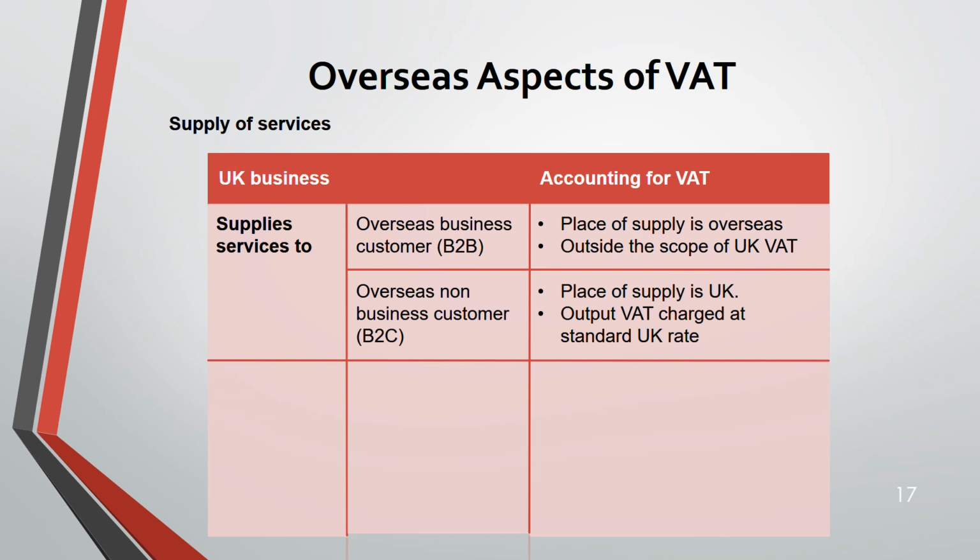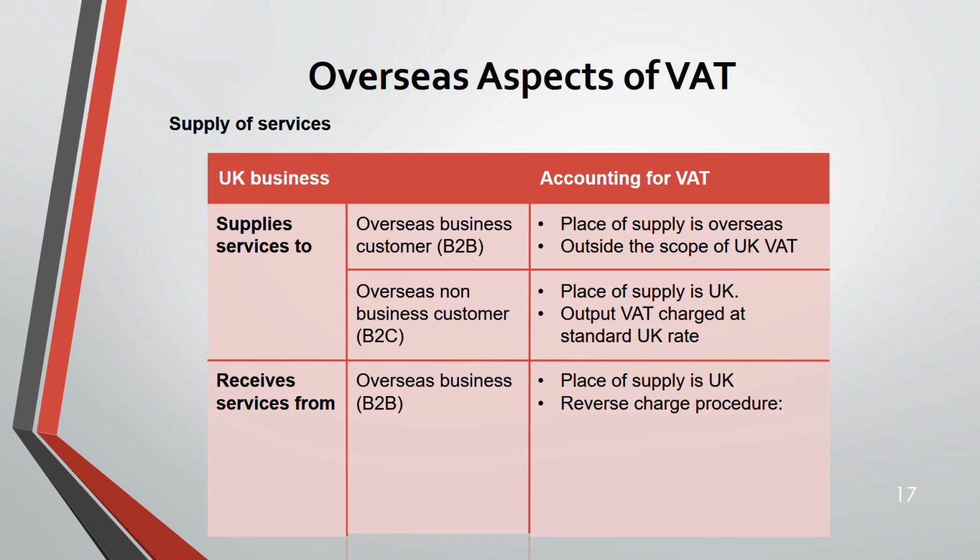Till here it's easy. Earlier you were selling services, supplying the service. Now you are receiving the service from an overseas business. The place of supply is the UK because you are receiving it in the UK. Reverse charge procedure. This reverse charge procedure is the area I'm talking about. This could be asked in ATX. Be prepared for this. It's a tricky area, but it's easy once you get it.